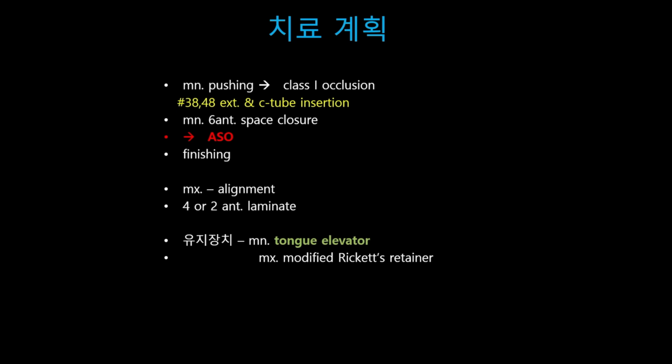So mandible pushing to make cross-bite occlusion, lower sublingual extraction, and C-tube insertion. And then mandible 6 anterior space closure by ASO and finishing. That is her idea after conversation with patient and patient parent.